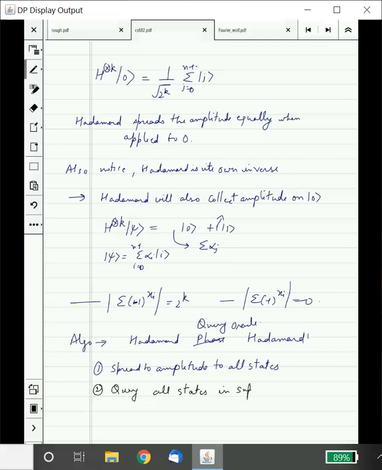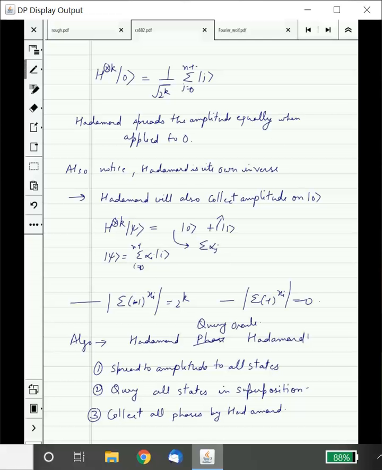Now the function value will be in the amplitude as a phase. Then we collect all phases by Hadamard. Then the summation will be at the state 0.